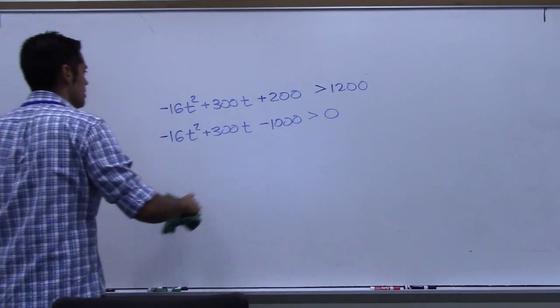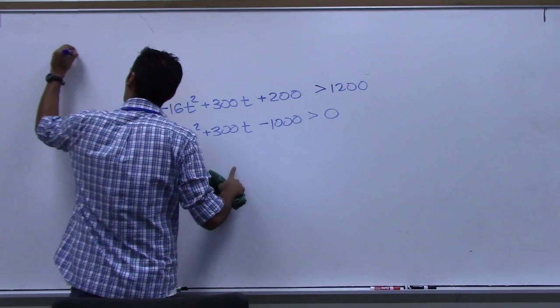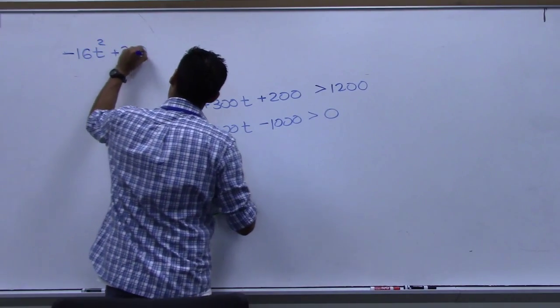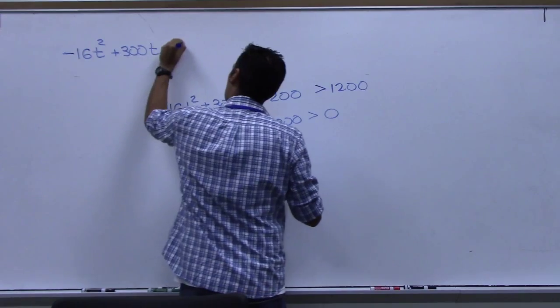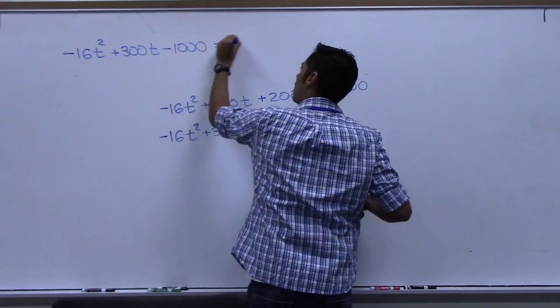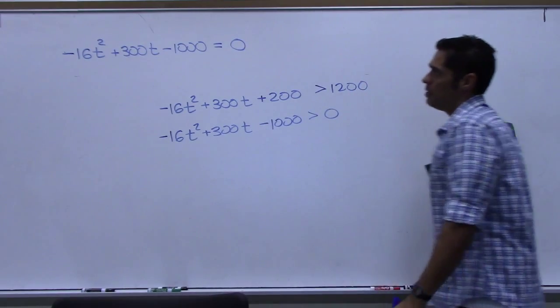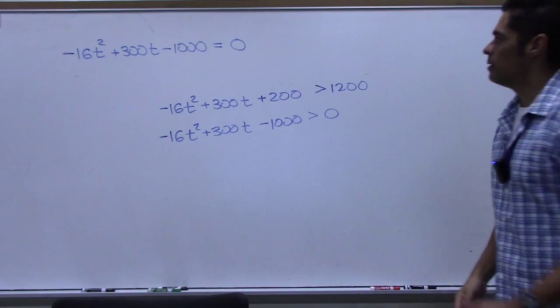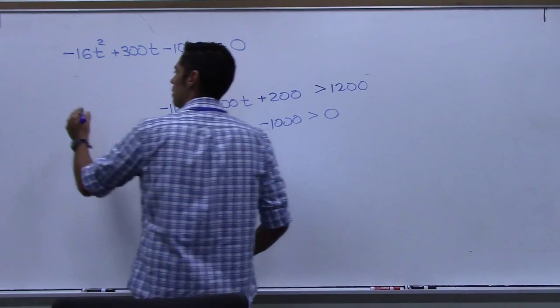So I'm going to start doing the problem by setting it equal to 0 first. I just said I was going to set it equal to 0 and I lied. All right, so that's what I'm going to do. Quadratic formula.